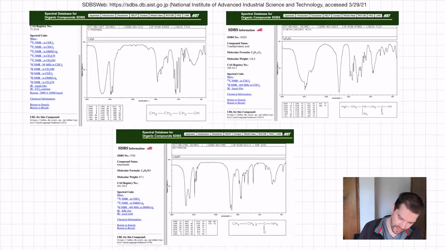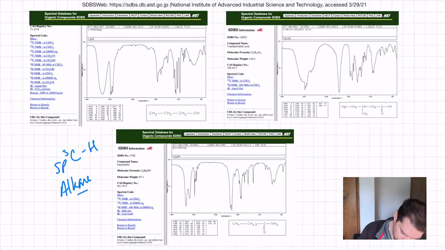Let's talk about these peaks right here. These are going to be CH stretches, where carbon is bonded to a hydrogen, and those are right around 3000. If it's an sp3 hybridized carbon, sp3 CH, otherwise known as an alkane, it's going to be less than 3000.